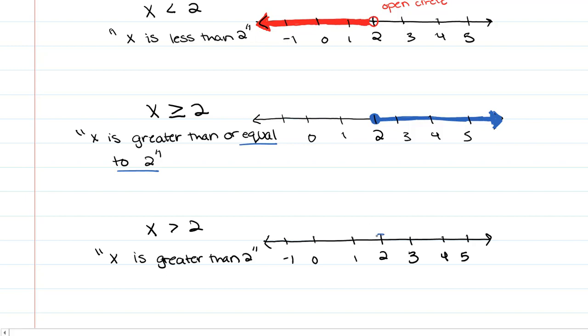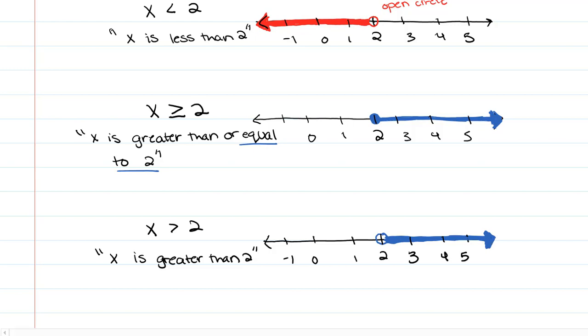So I'm going to put a circle on 2, but this time our inequality does not include or equal to, so I'm leaving it open. I want to shade the numbers that are greater than 2. Again, to the right, because 3, 4, and 5 are greater than 2. And so are all the numbers in between those, like 3.3, 4.21, 3 and 1/2. That's why we have this shaded line, because we can't possibly write out all those numbers, so we shade them in to show them.